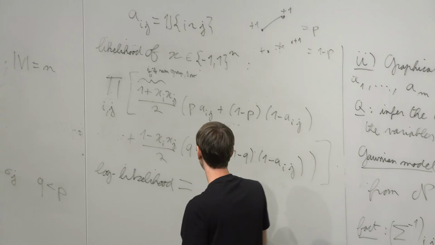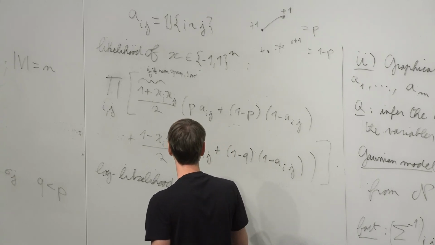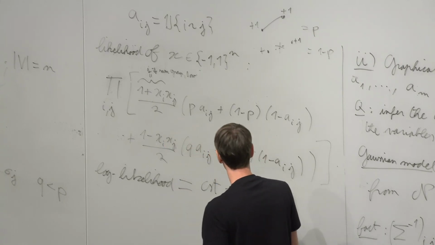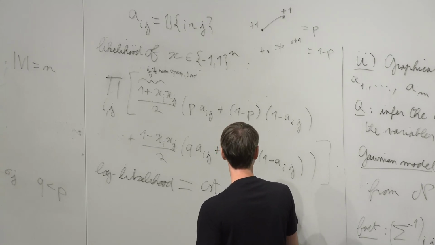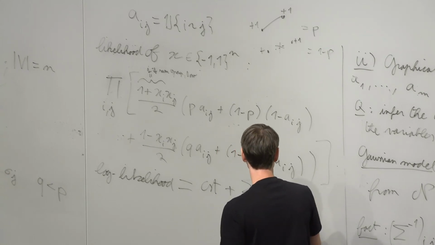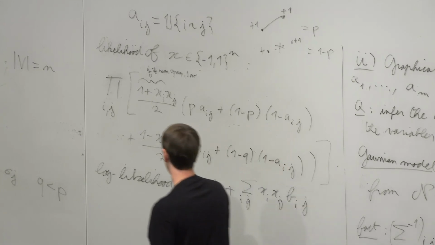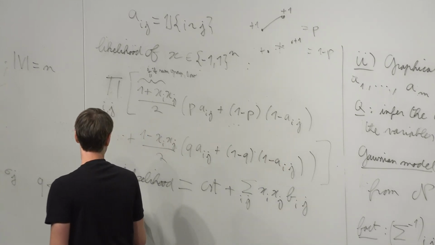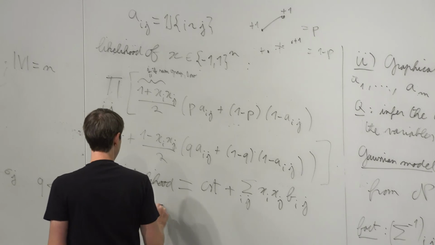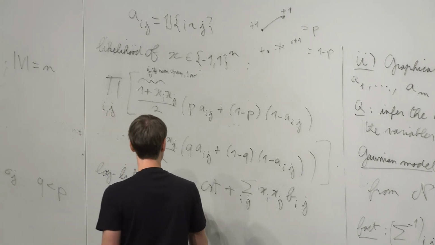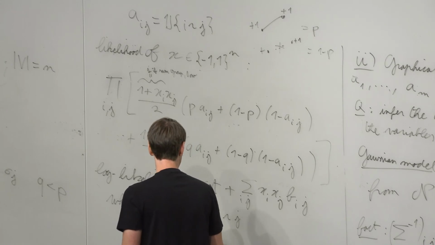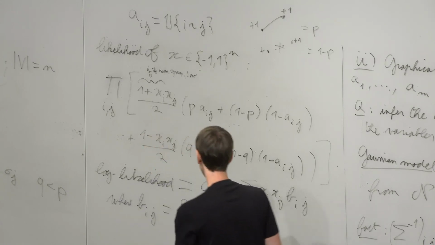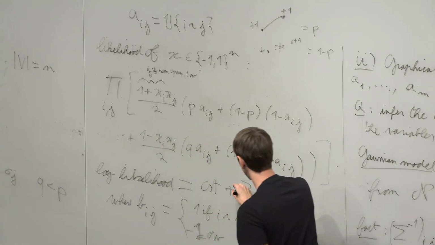So the log likelihood is exactly a constant plus the sum over ij of xi xj times bij, where bij is 1 if i is connected to j, and minus 1 otherwise.